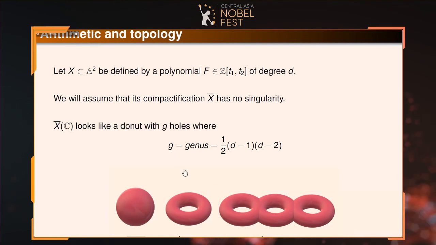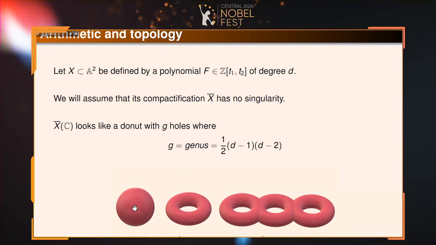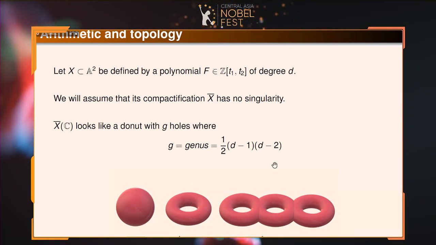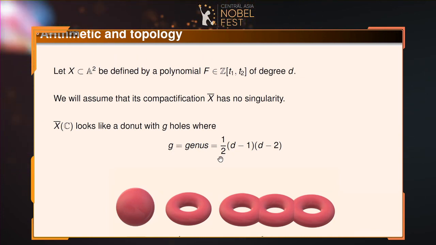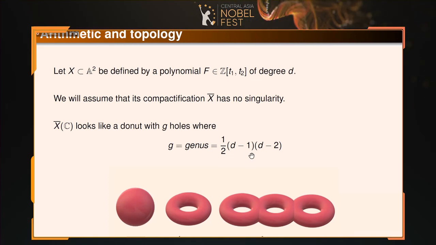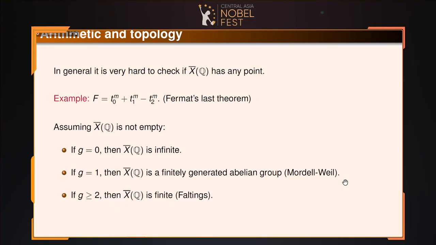And the number of holes, interestingly, here the number of holes is 0, here is 1, here is 3. It can be calculated just by the degree of this polynomial. It's given by this equation, half of (d minus 1) times (d minus 2), which is called the genus of this space or polynomial.